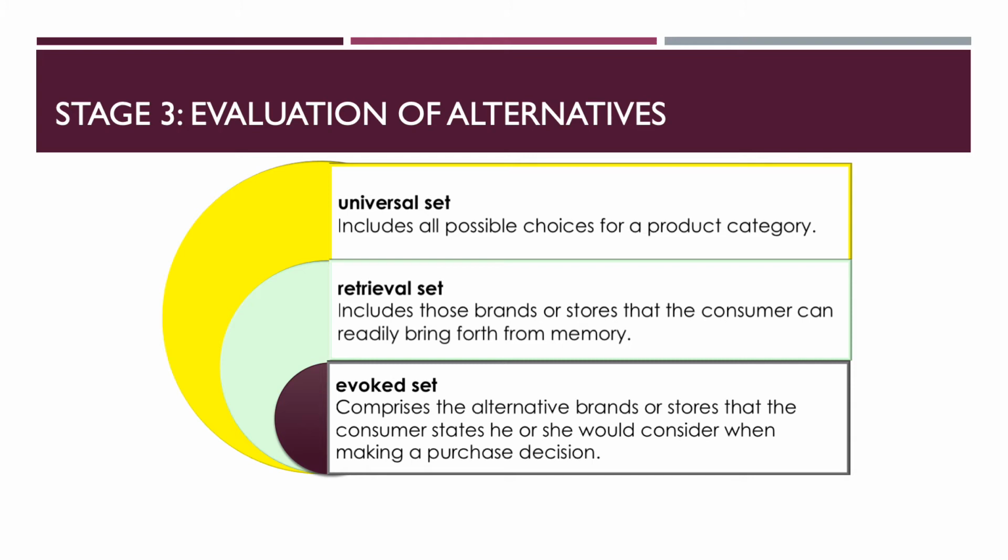Another is a consumer's evoked set, which comprises the alternative brands and stores that the consumer states he or she would consider when making a purchase decision. If a company can get its brand or store into a consumer's evoked set, it has increased the likelihood of purchase and therefore reduced search time, because the consumer will think specifically of that brand when considering choices.